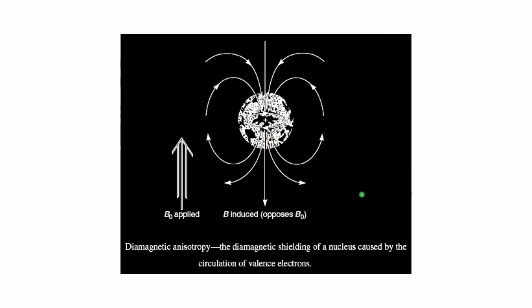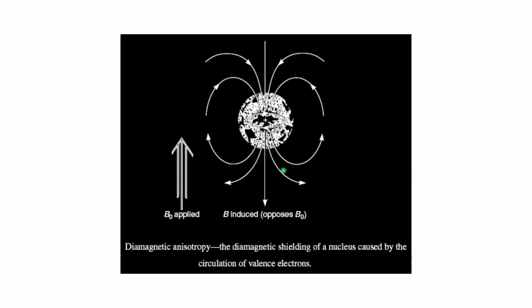This is an image where we see a proton covered by the electron cloud density. Since these electrons are assumed to be spinning, and anything that has a charge and a spin produces a magnetic field, this is the direction of the magnetic field generated by the spinning electrons.